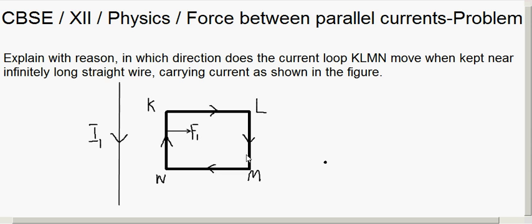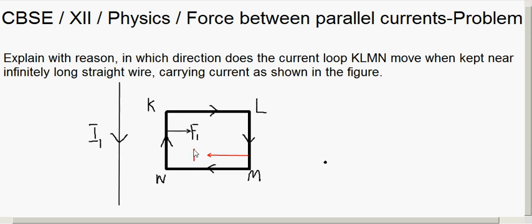Now the force on the line LM, what will happen here? On the side LM, the current is in the downward direction, and through the wire it is also downward. So when two parallel currents are in the same direction, the conductors will experience an attractive force. So the force on the side LM will be acting towards the conductor.